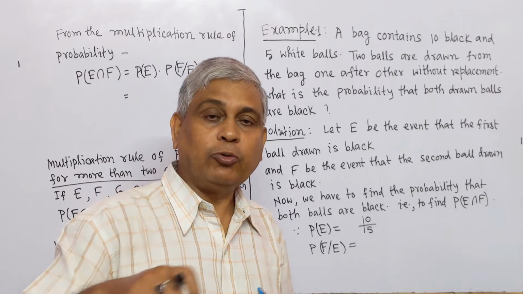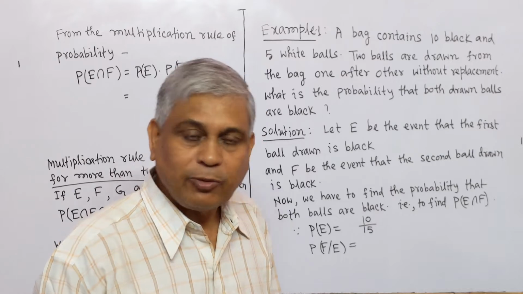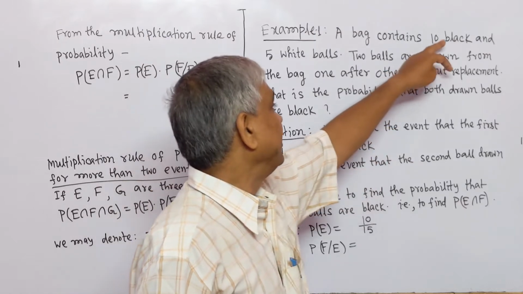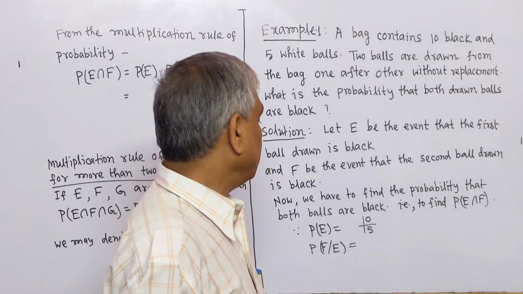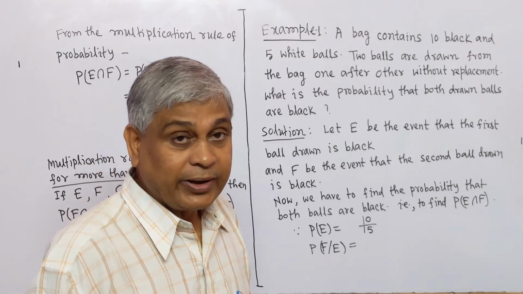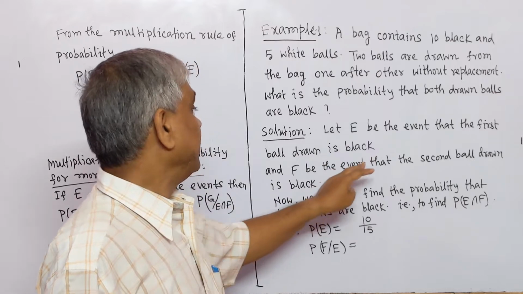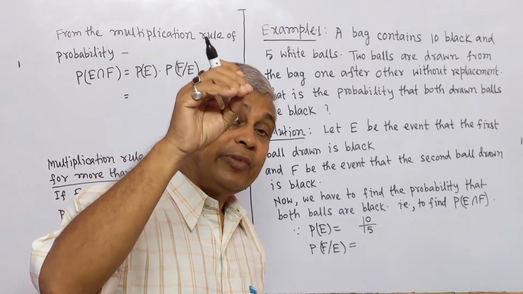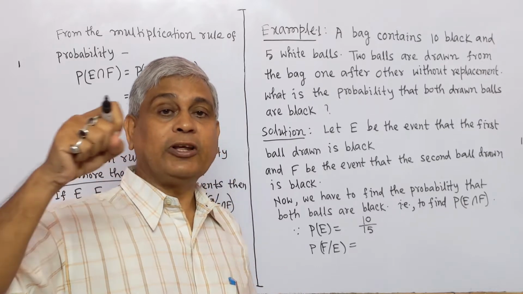Now that ball will not be returned back to the bag. Then total number of remaining balls will be 14 and total number of black balls will be 9. Means from 10 we have taken one black ball. So in this case we have the conditional probability. F is the event that the second ball drawn is black and the event E has already occurred, means the first drawn ball is black.